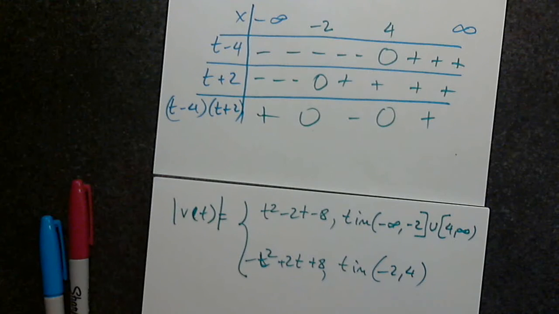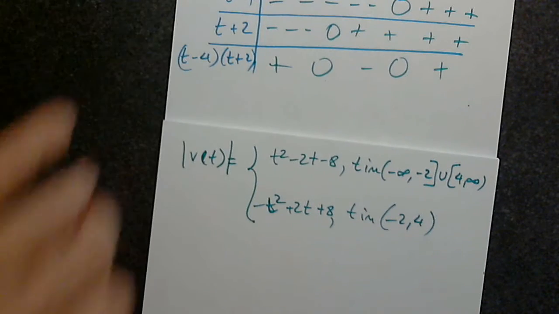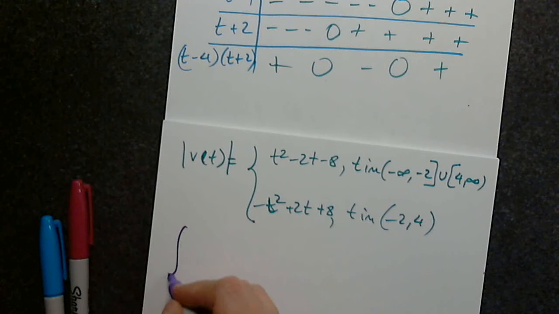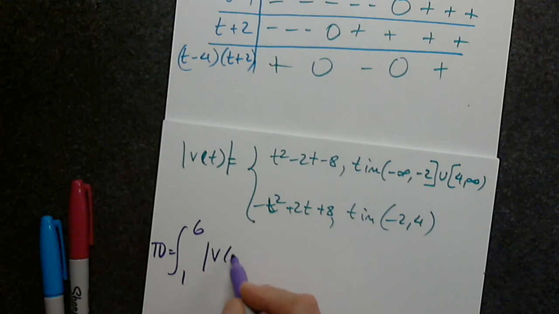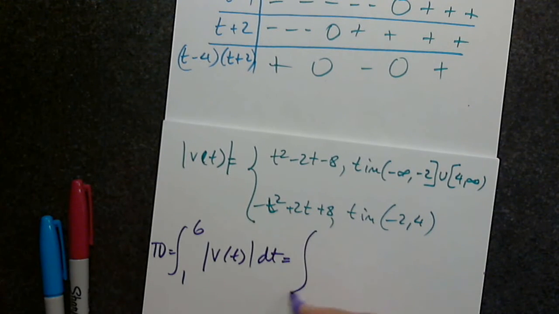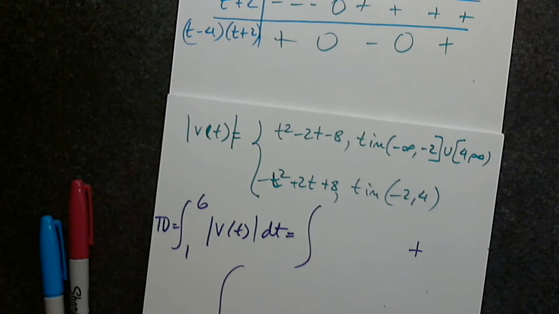Using the properties of the definite integral now, I need to determine the total distance, the integral from 1 to 6 of the absolute value of v of t dt. So it's definitely a sum of two integrals. Can anyone tell us what to write?